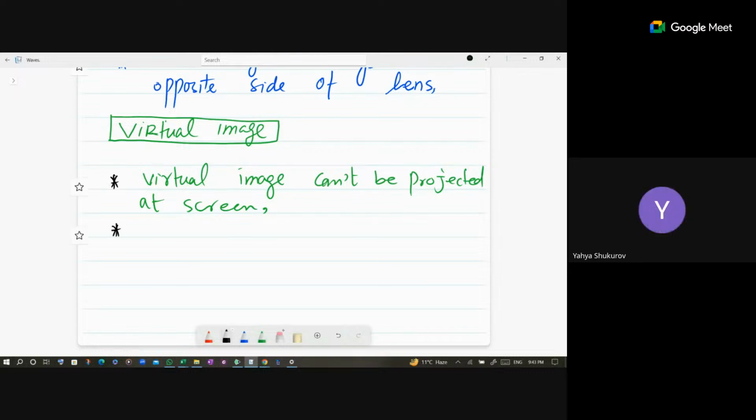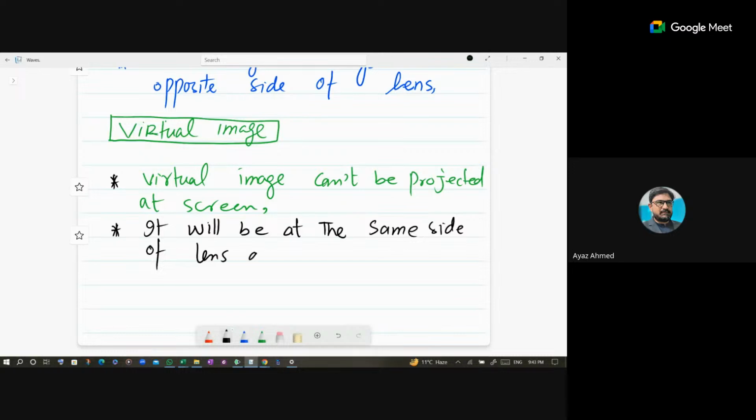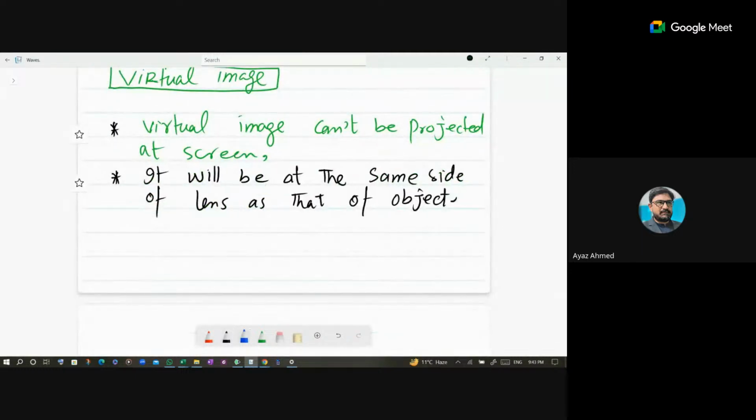Second, it will be on the same side of the lens as the object. I mean, the object and the virtual image will be on the same side of the lens.